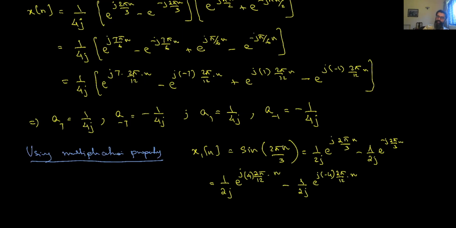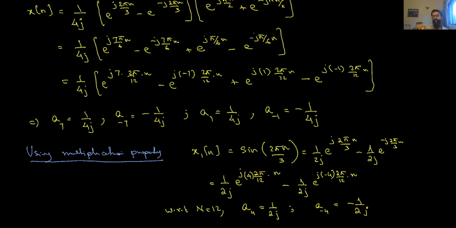So with respect to a period of 12, this is important. With respect to n equals 12, my coefficients are a4 equals 1 upon 2j and a minus 4 equals minus 1 upon 2j. Okay, so that's important.